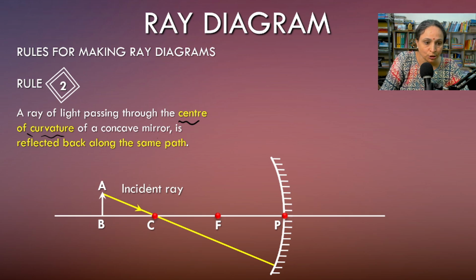That means the ray travels from the object, passes through the center of curvature, and hits the mirror here. What will happen after reflection? It will follow the same path, but the direction will be opposite. AC hits the mirror here, and after reflection it follows the same path. Jis raaste gaya usi raaste wapas. This is rule number 2.